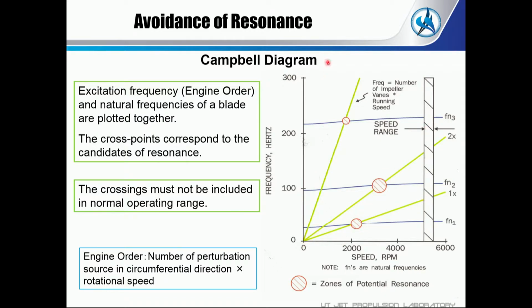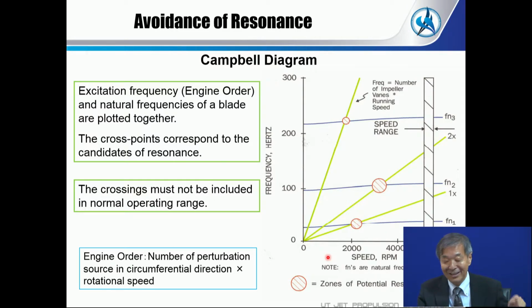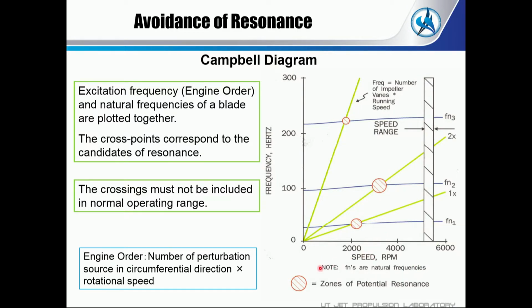If we have one eccentricity in the circumferential direction, this is engine order 1. For instance, we put a probe into the compressor. This is a source of wake.